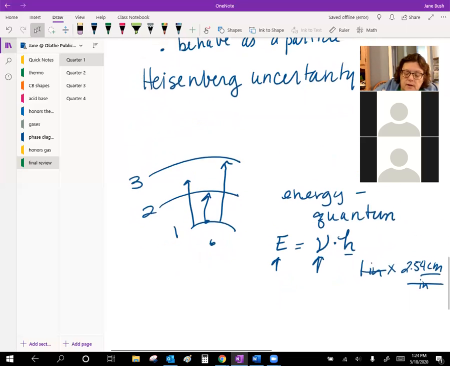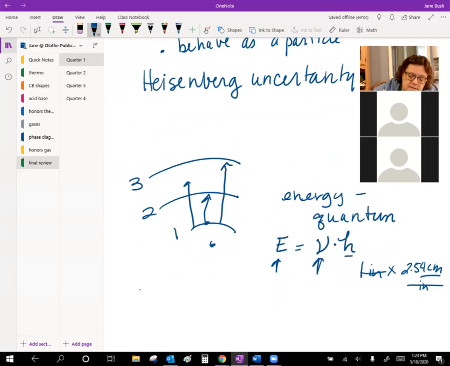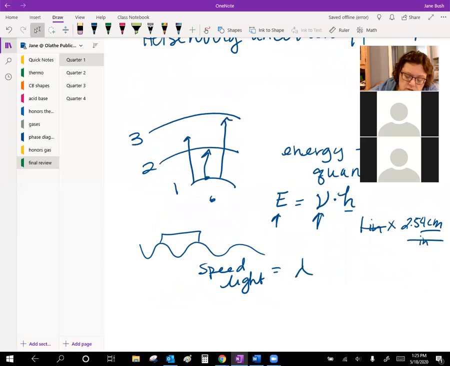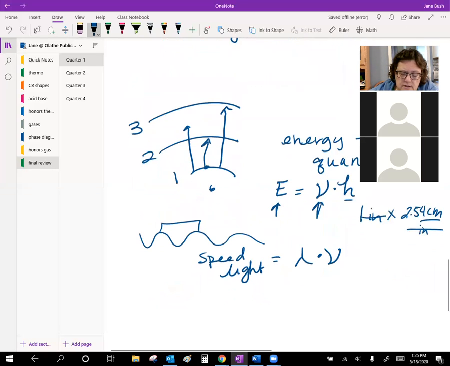How do we calculate frequency? Well, because that guy acts as a wave and a particle, we can measure his wavelength. And if we had the right kind of rainbow glasses in the lab, we could have done that. Instead, we did a worksheet that went along with it that told you what the wavelengths were for hydrogen. But we know that the speed of light is equal to the wavelength, which has the upside down Y designation, times the frequency, which is the little funky little v designation.